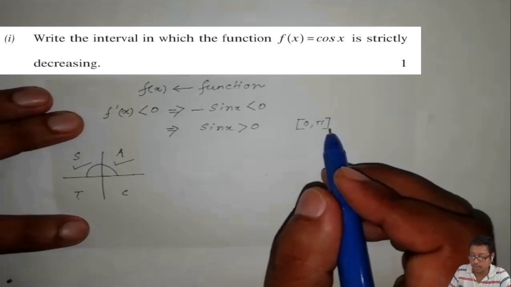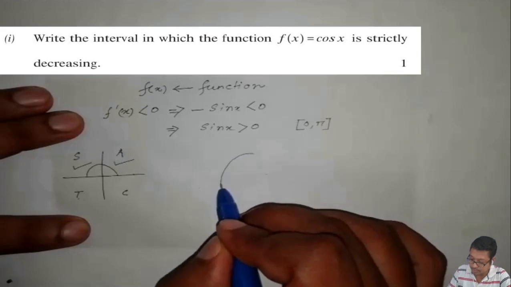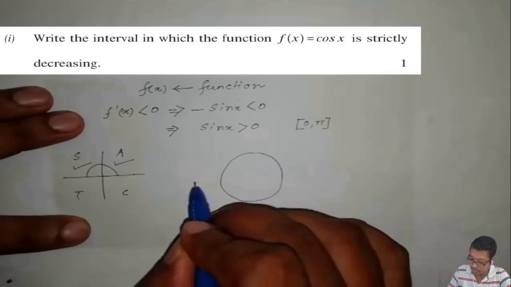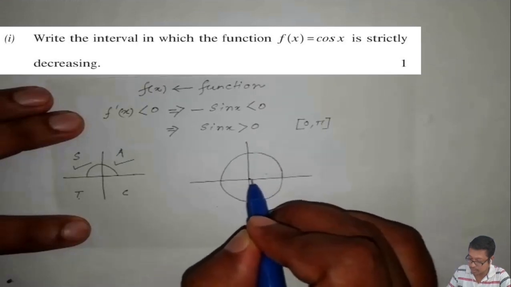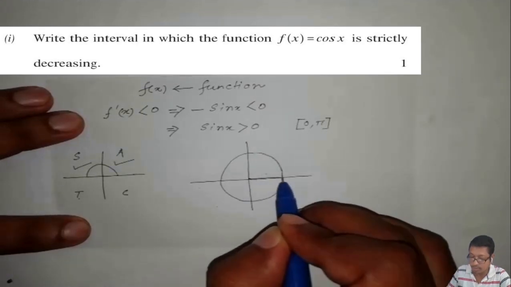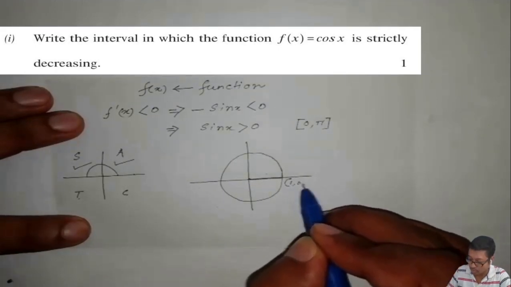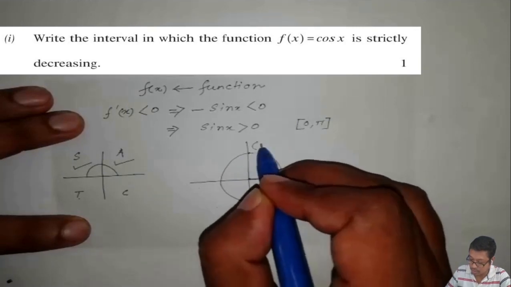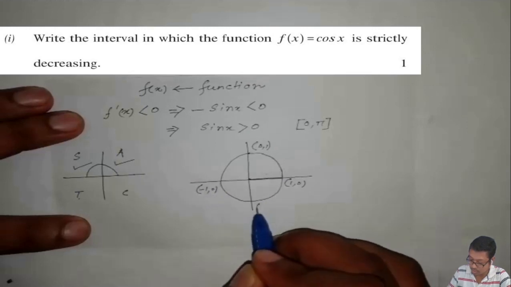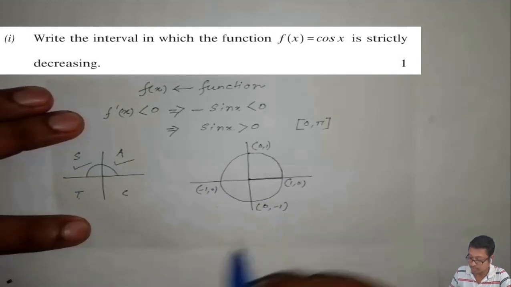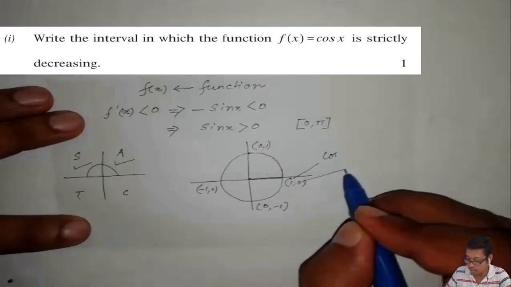Another approach is also there, that also let me explain. Suppose I have a unit circle. Unit circle means this is of radius 1. If it is 1, then this point is (1, 0), this point will be (0, 1), this point will be (-1, 0), and this point will be (0, -1). The first value is for cos and the second value is for sine.